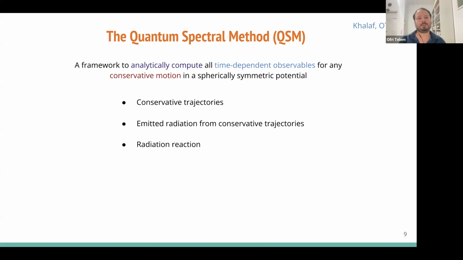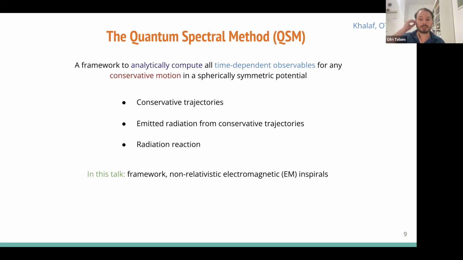And it allows us to compute conservative trajectories, the emitted radiation from the conservative trajectories, and also the radiation reaction force. So in this talk, I'm going to talk about the framework. I'm going to prove it to you. It's a simple matter of the WKB approximation, which becomes exact in the classical limit. And then I'm going to show you some applications.